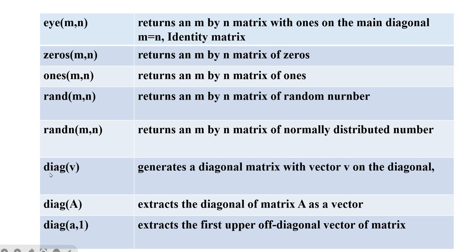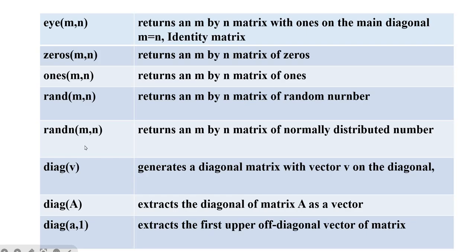Next you have the diagonal of a vector, which will generate a diagonal matrix with vector v on the diagonal. Then you have diagonal of A, which will extract the diagonal of the matrix which has been given.